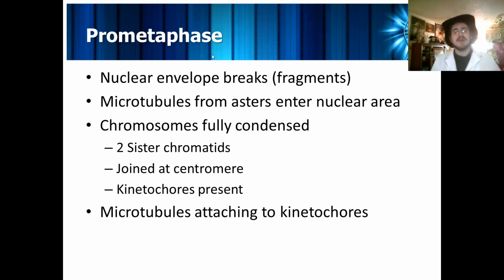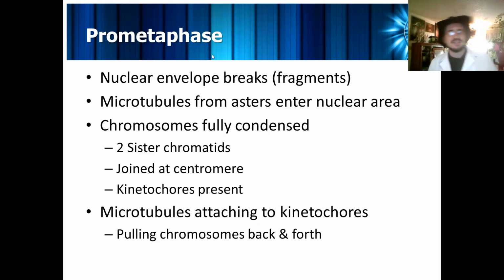At the same time, our asters are going to pretty much finish moving towards opposite poles. And as the asters keep moving and the microtubules are attached to the kinetochores, they start pushing those chromosomes back and forth in the cell. So pushing them around, moving them ever so slowly towards the center.